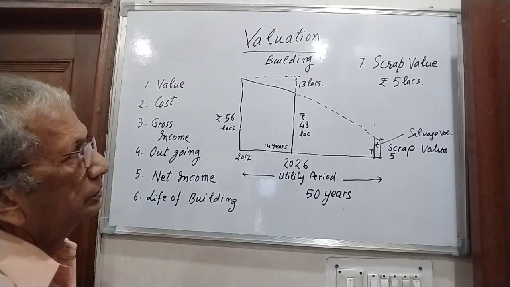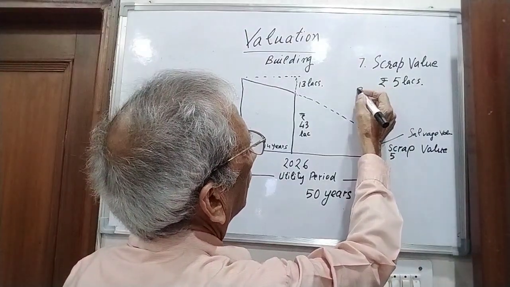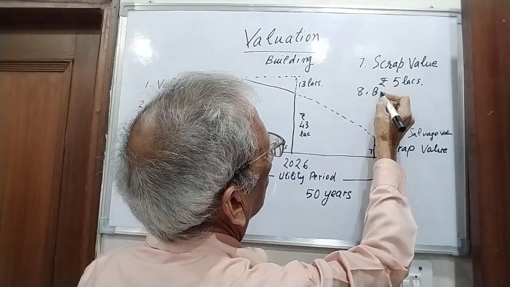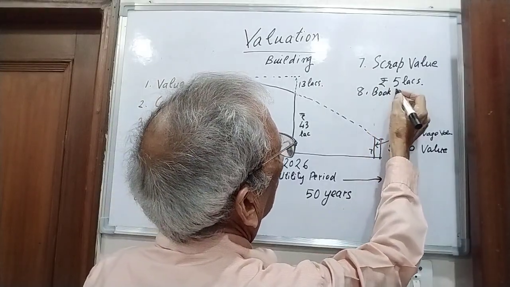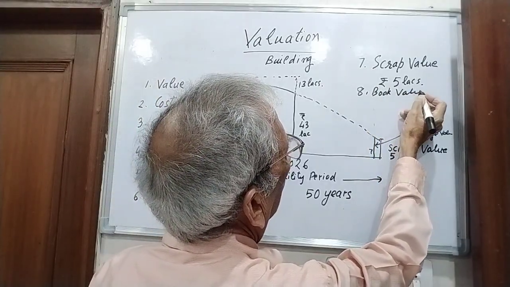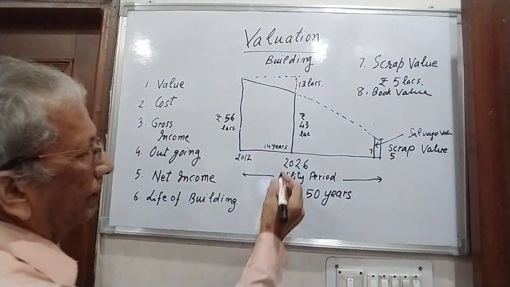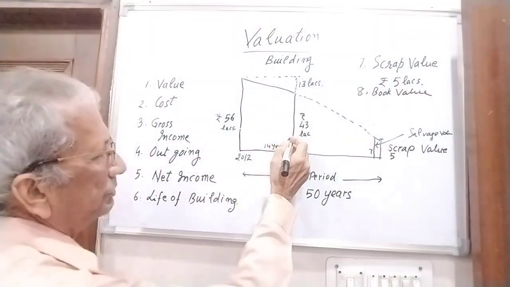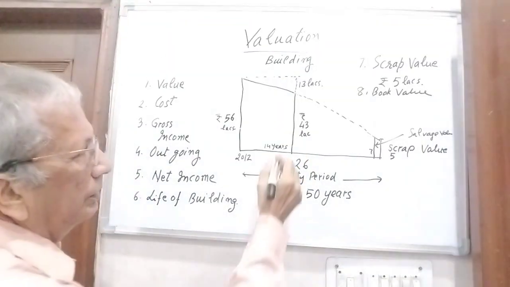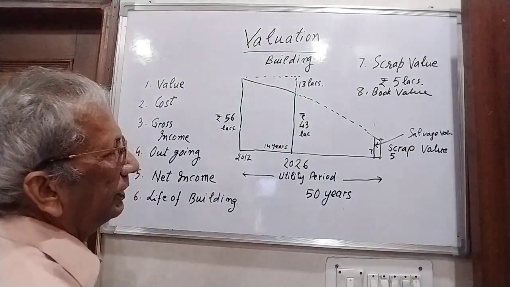Now after that, book value. Book value means here if we sell this building today, we will get 43 lakhs.